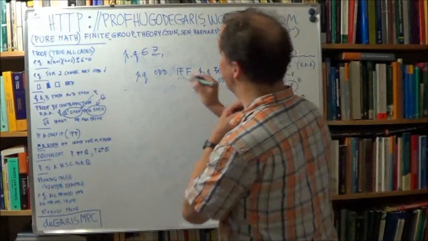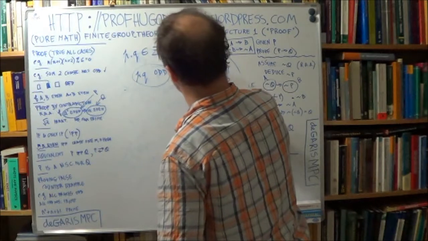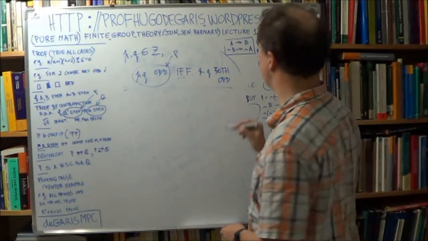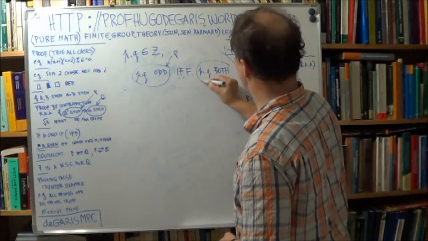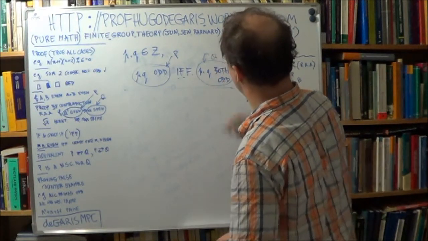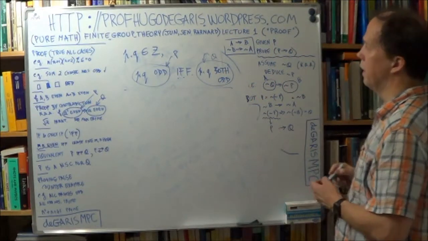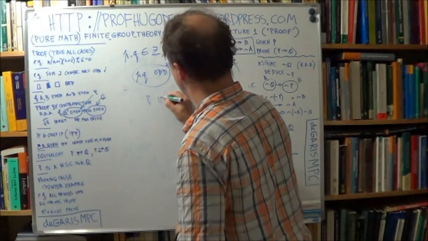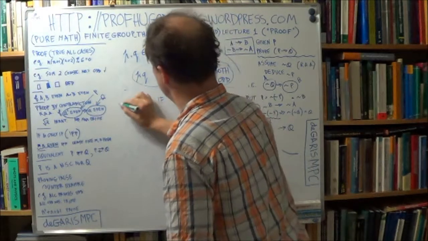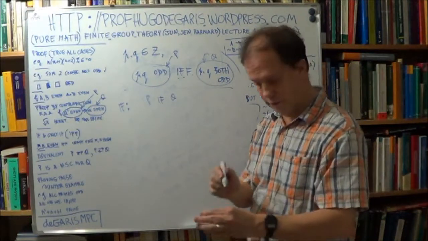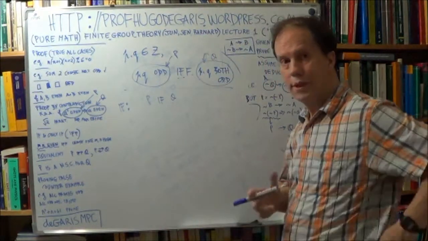Now let's see. Let's call that mathematical statement P, and let's call the right hand side statement Q. Now P if Q. So we're doing the if half first, that's the usual convention.